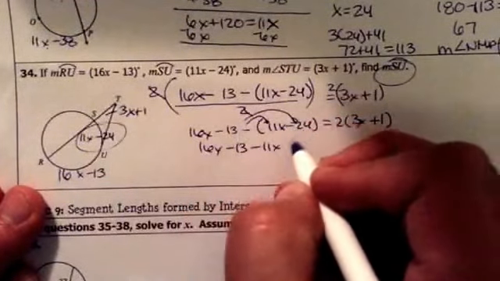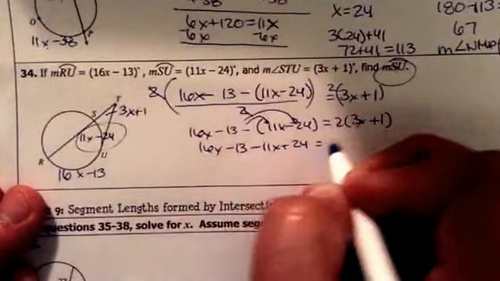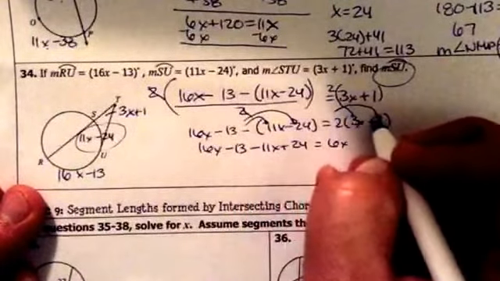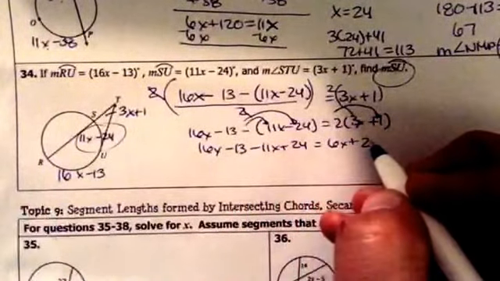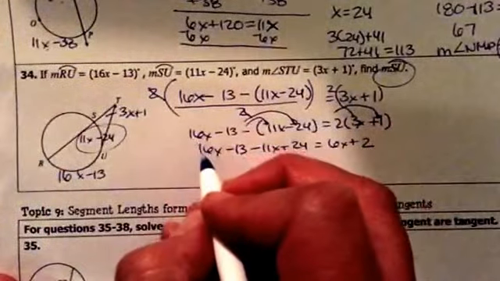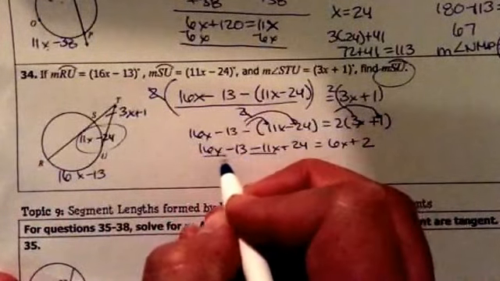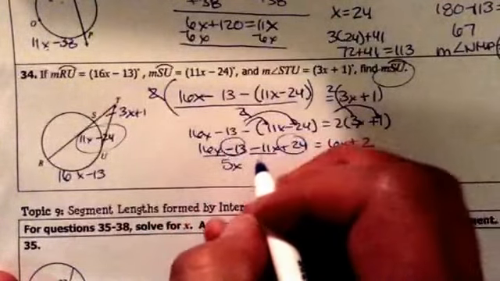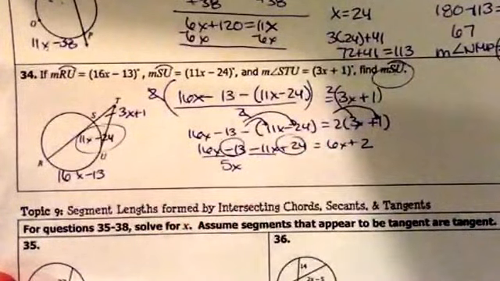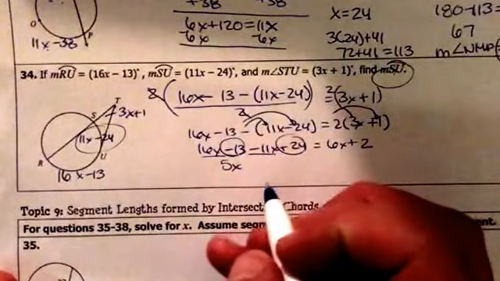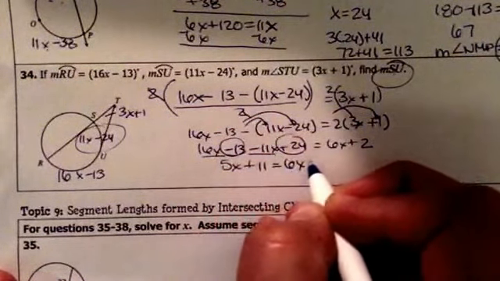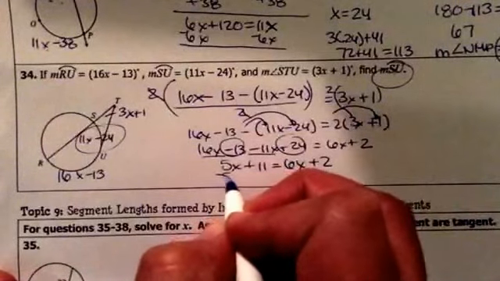And that minus and a minus become a plus 24 equals, distribute that 2, 6x plus 2. So what I have here is 16x minus 11x, that's 5x. I have negative 13 plus 24. That's going to give me 11 equals 6x plus 2. I'm going to take away the 5x.